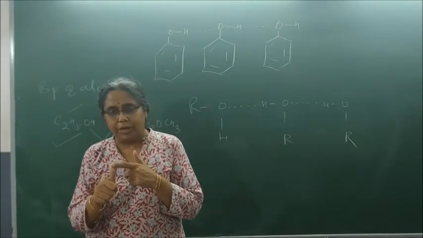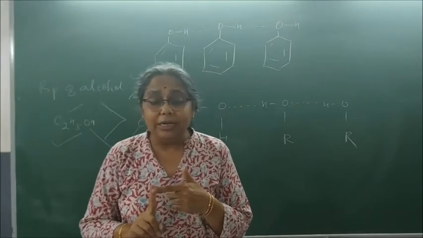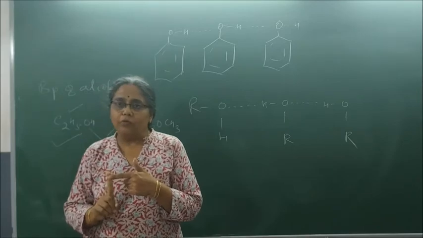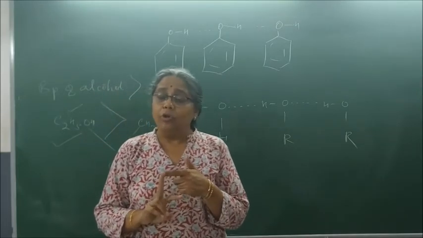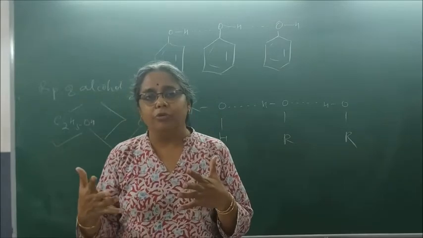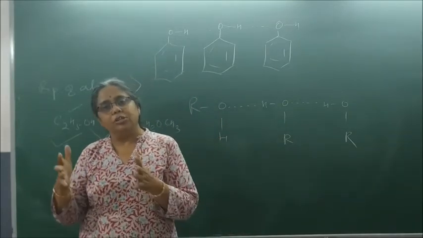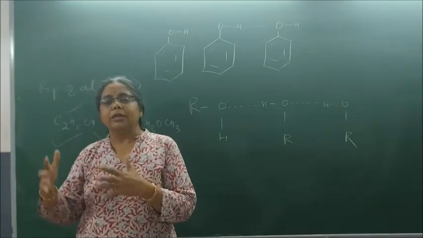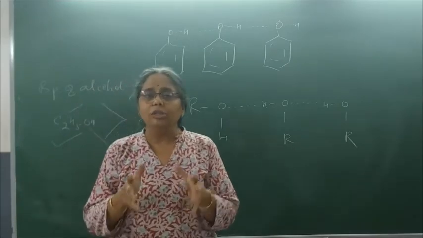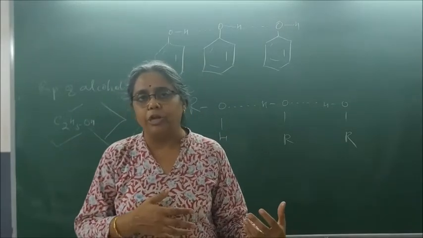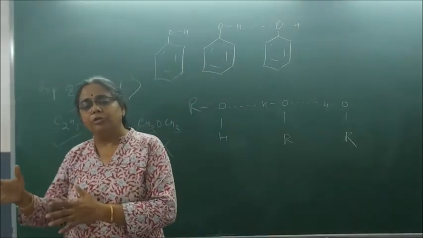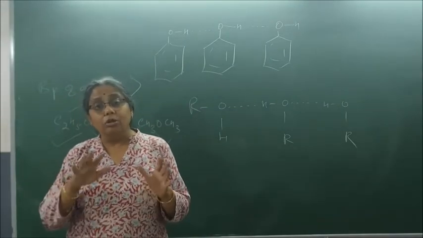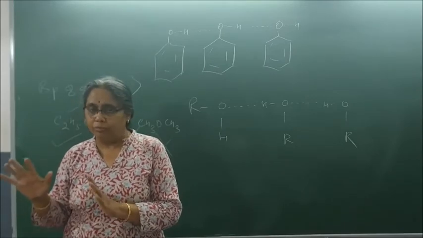Second, boiling point decreases with branching because as the surface area decreases, van der Waals forces decrease. Third, the boiling point of alcohols and phenols is more than that of hydrocarbons, ethers, haloalkanes or haloarenes, because they show intermolecular hydrogen bonding, whereas the others do not.